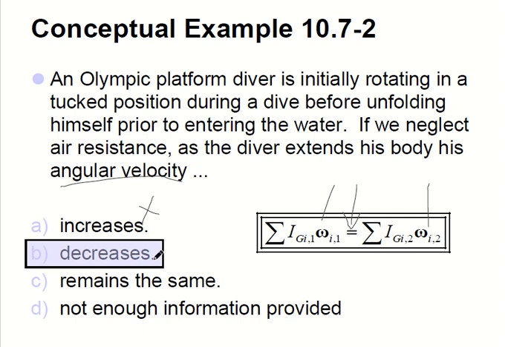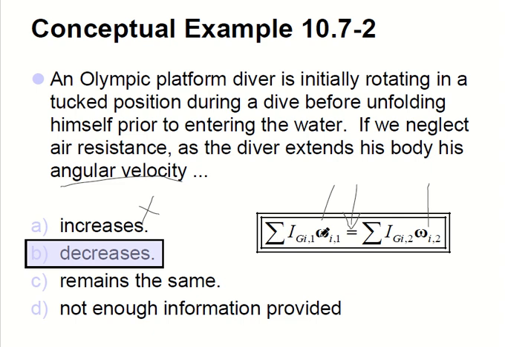B is decreases. Your angular velocity is going to decrease because it must decrease as the moment of inertia increases, because that's the only way to keep the conservation of angular momentum intact.